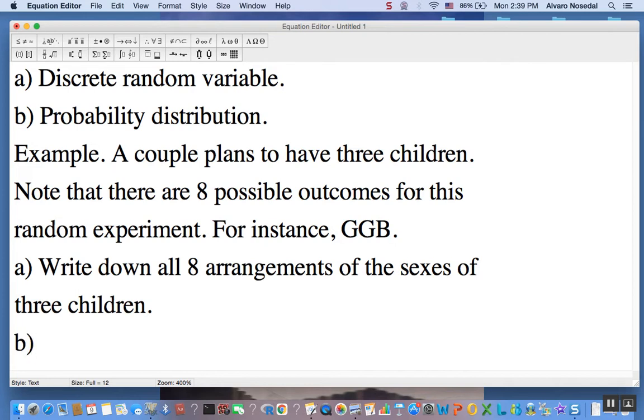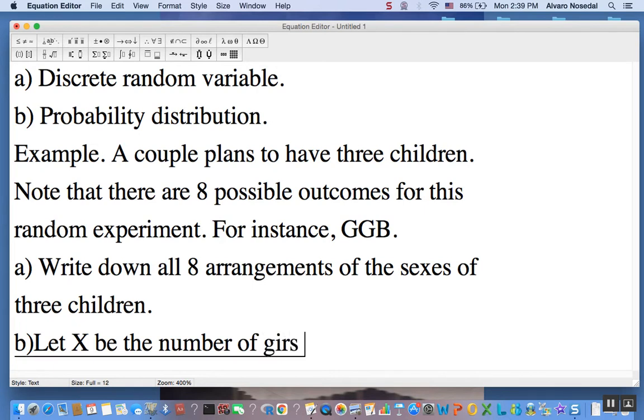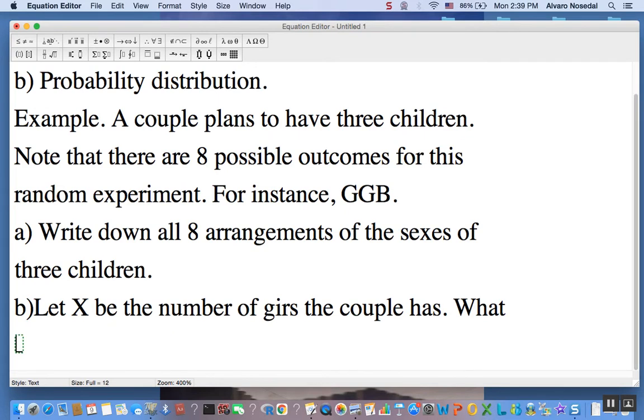We are going to define a variable X that represents the number of girls the couple has, and we would like to find the probability of X being equal to 2.